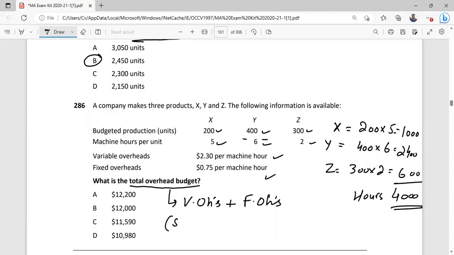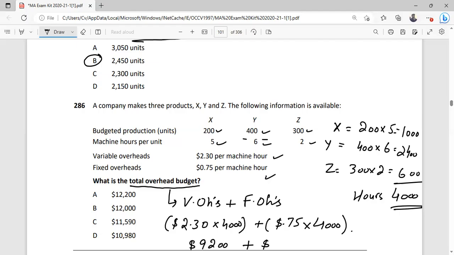Now variable overheads are 2.3 into 4,000, plus fixed overheads 0.75 into 4,000. 9,200 is variable overhead plus 3,000 is fixed overhead. So the sum is 12,200. That is the right answer. Clear?